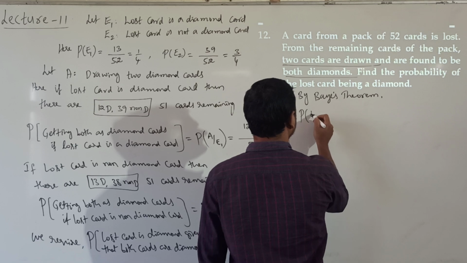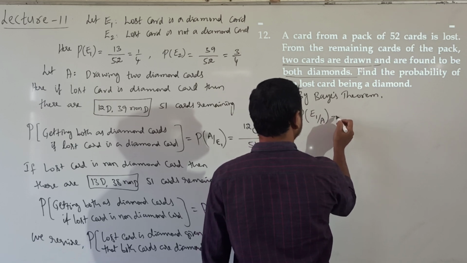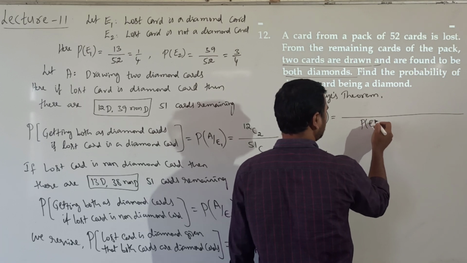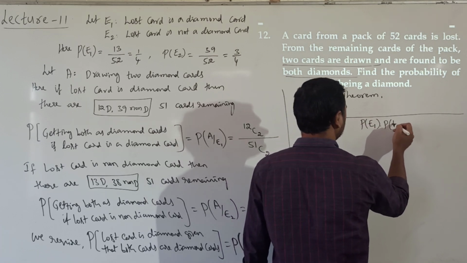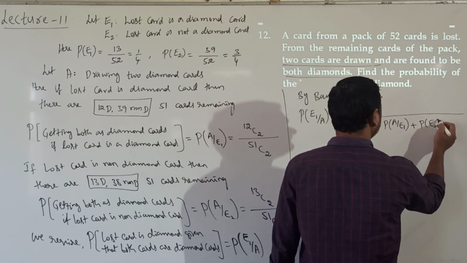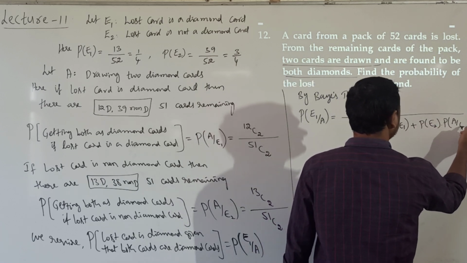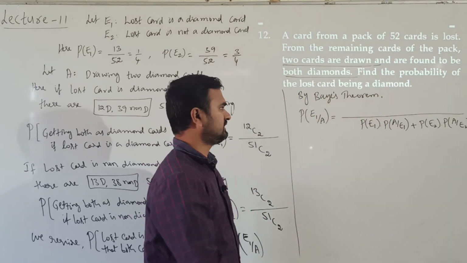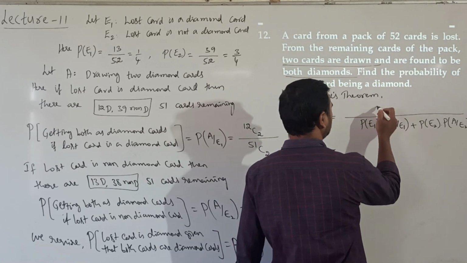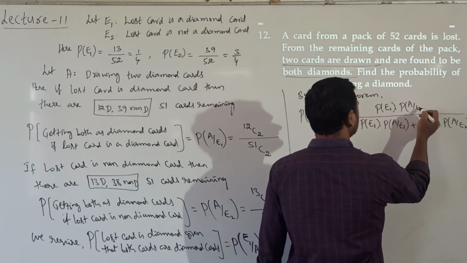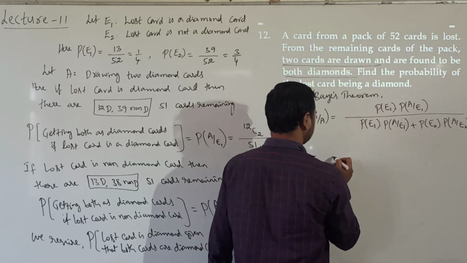How can I write P of E1 given A? First we write total probability. It can occur in E1, P of E1 into P of A given E1, or it can occur in E2, P of E2 into P of A given E2. What are these two cases? Which case do we need? First case. So write it in the numerator, P of E1 into P of A given E1.